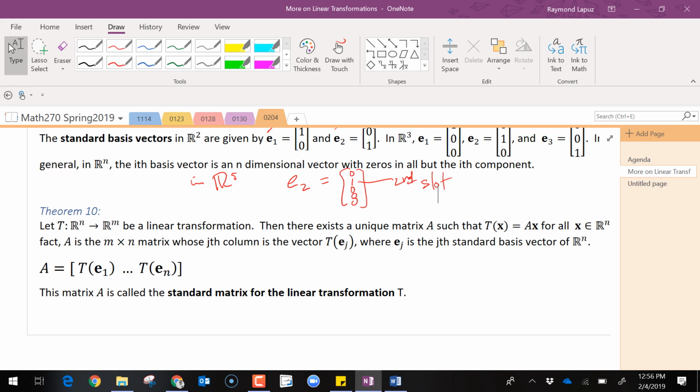And this just tells us that there's a unique matrix whose jth column is the vector T of E sub j, where E sub j is a standard basis vector.